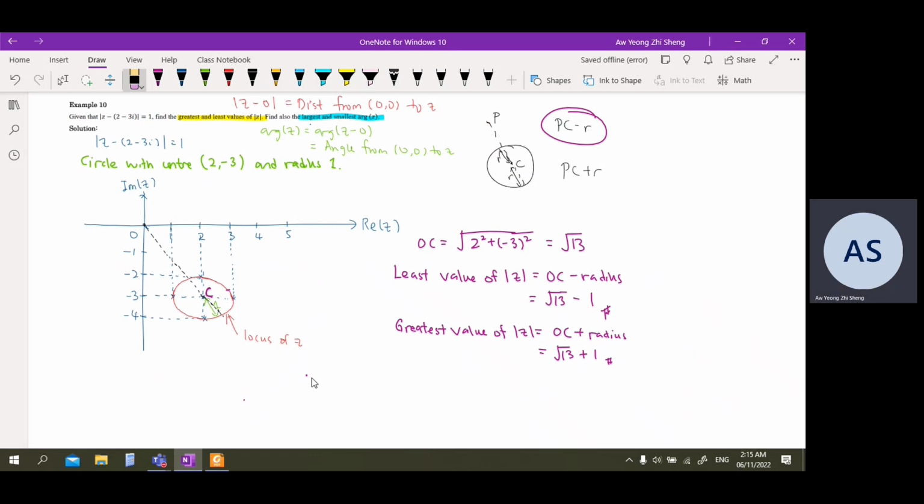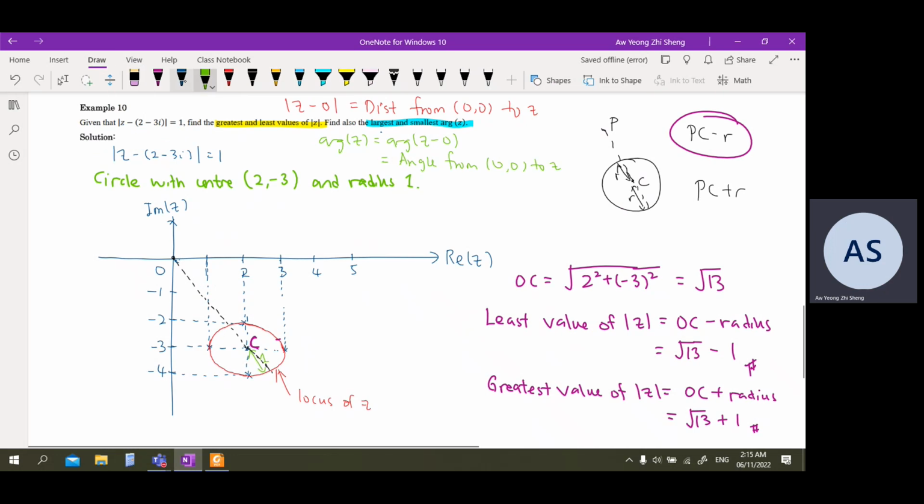Because we have negative angles, the smallest argument z will be obtained by this tangent line.